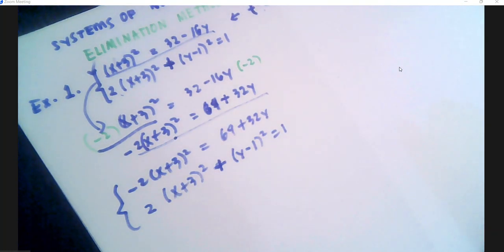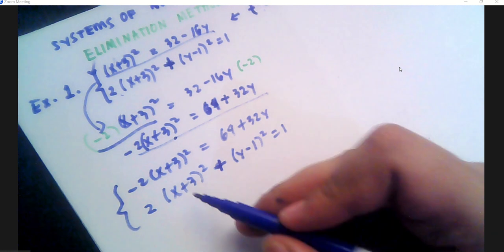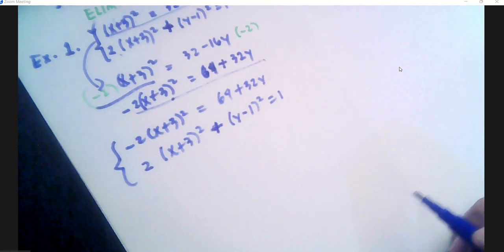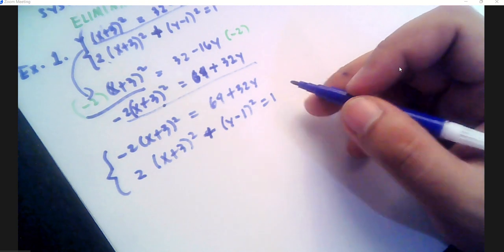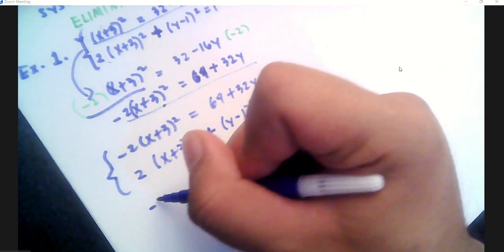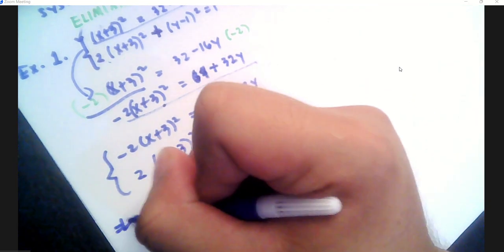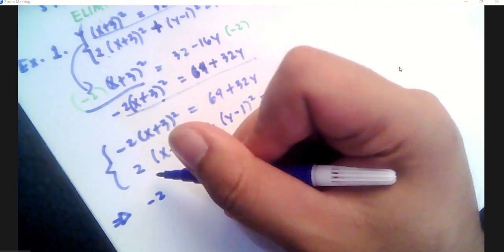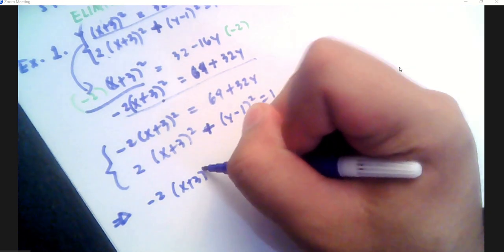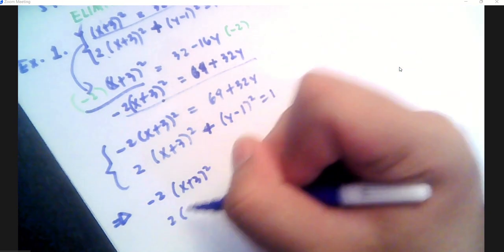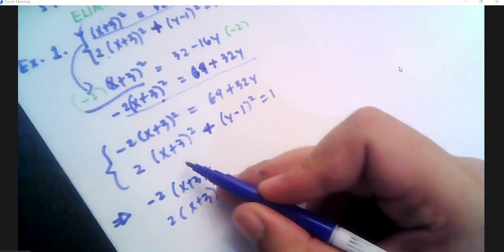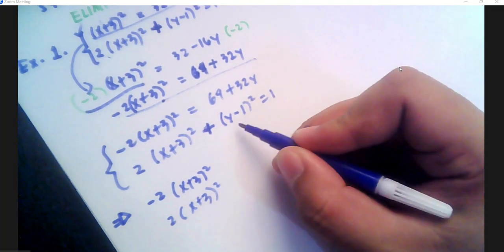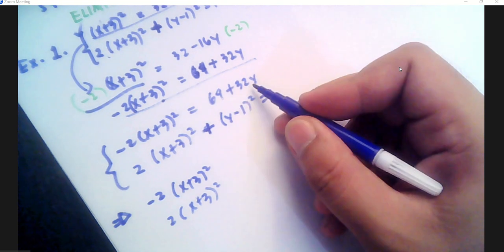You can now see the similarity of these, right? So we can cancel that out, but before canceling that out, let us try to align the same terms. So we know -2. Let us continue with the next step. -2 times x plus 3 squared, and these are the same, so we align this. So how about y minus 1 squared? Does it have the same thing here?